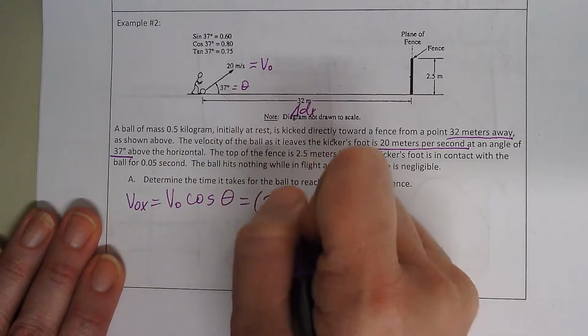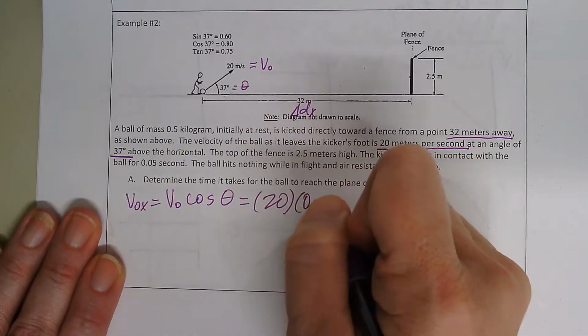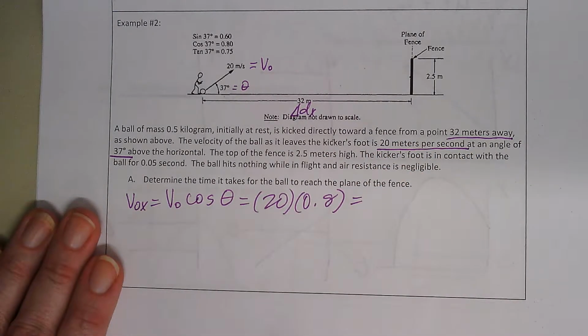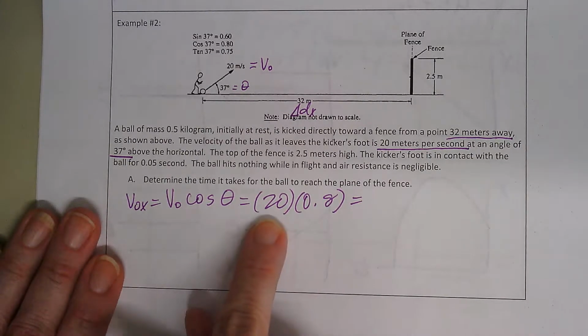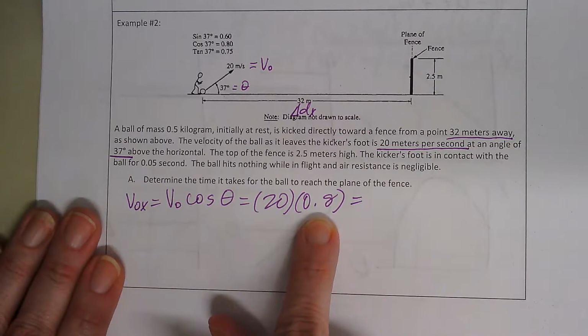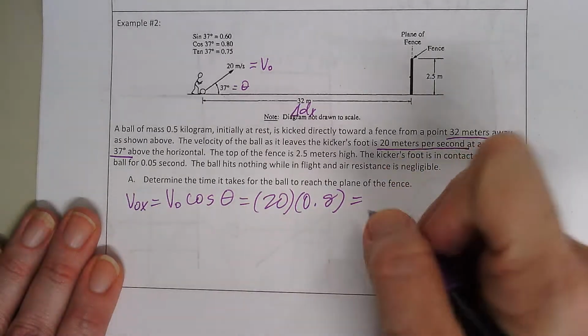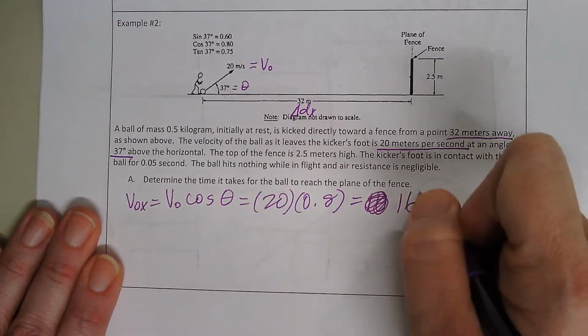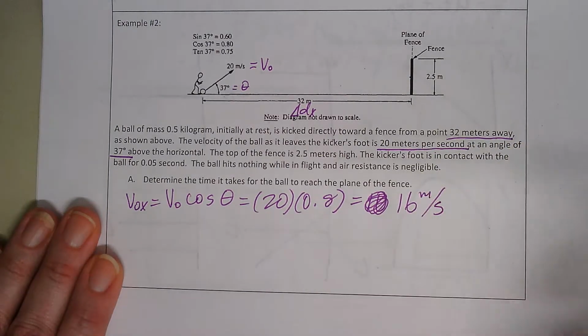So that's just 20 times 0.8. The way I think of this is I just do 0.8 in my head, so I could divide this into 5 parts. What's 20 divided by 5? 4. And this is like 4 parts of 1, so it's 16. 16 meters per second. So that's my V naught in the x.